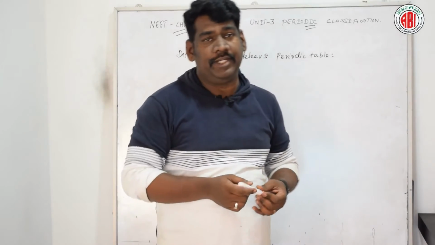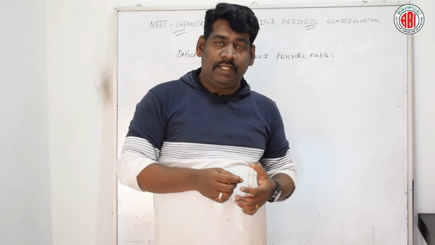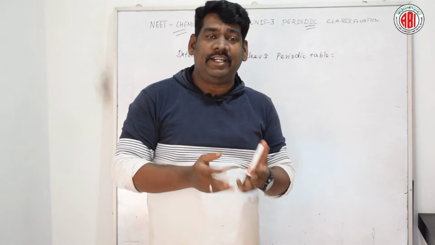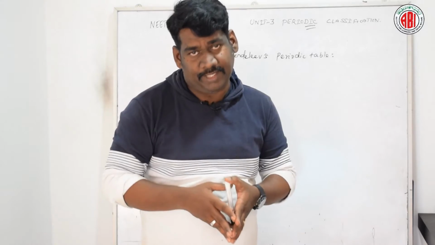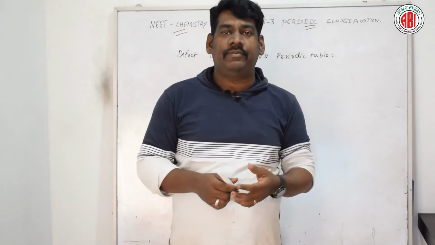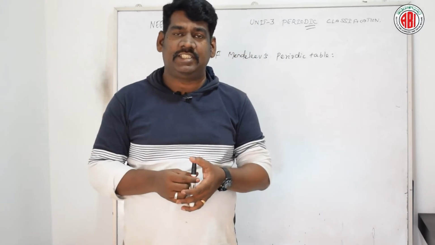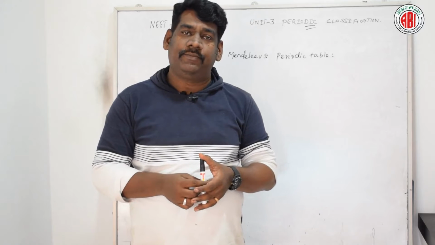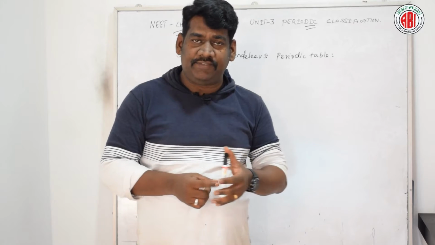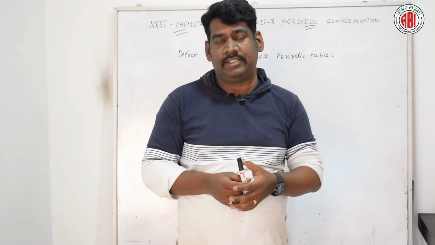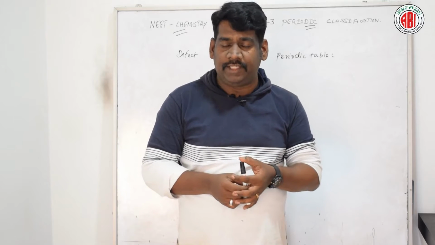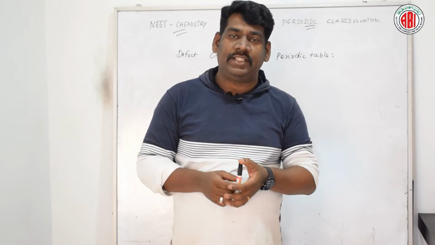In this unit, we are going to discuss the major defects of the Mendeleev periodic table. In the previous video we discussed the need for classification of elements, the framing of the periodic table, and its historical development.